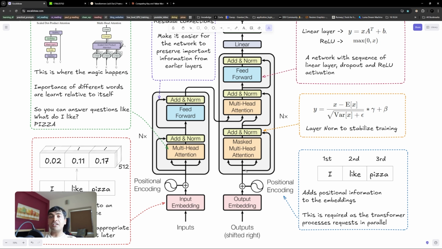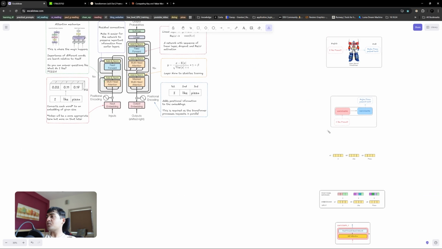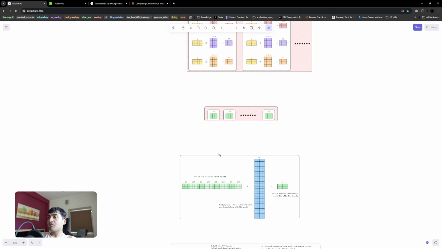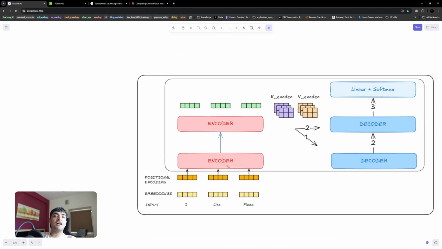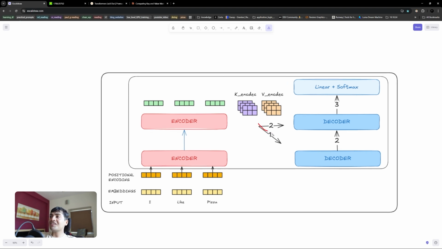The decoder calculates the query matrix on its own, but it takes the key and value matrix from the encoder, and that is what is going on over here. Our encoder has calculated our key and value matrix, which is in fact one single matrix. Keep that in mind.